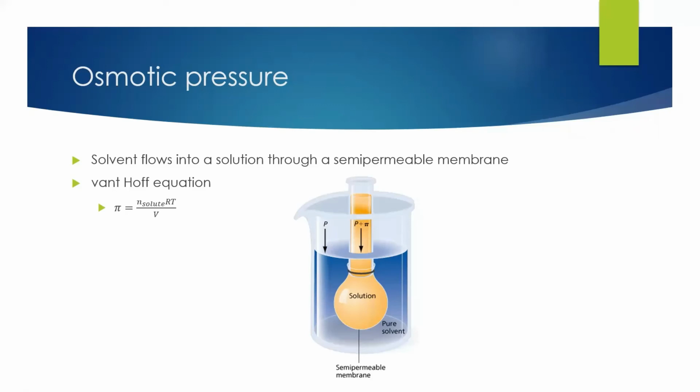This means that there's an osmotic pressure if we put 1.1 molar salt water into a solution of pure water, that pure water would flow in and increase the pressure up by 27 bar.